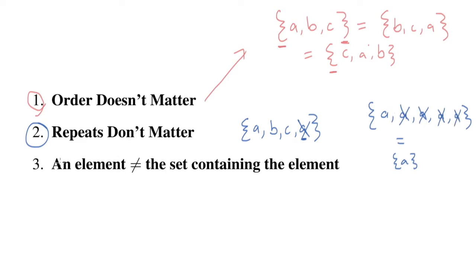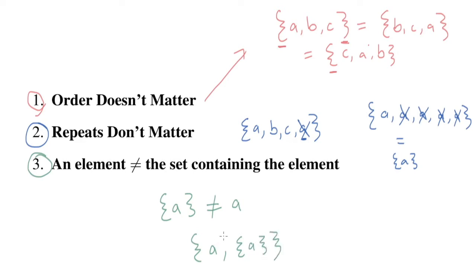And then the last thing we want to talk about is that an element is not the same thing as the set containing the element. So say we have the set A, that is not the same thing as A. So for example, if we have the set A, and then it also contains the set containing A.